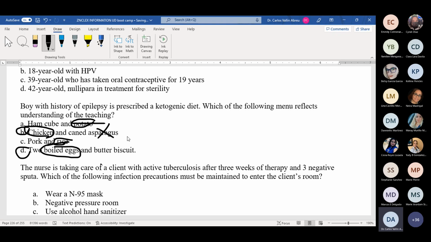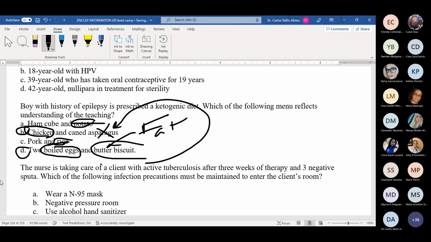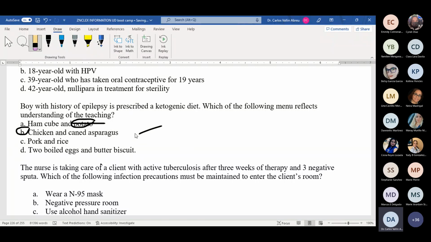So we need to decide: is the buttered biscuit that has fat more ketogenic than the asparagus? My personal decision, if I were in my NCLEX with this similar question, would be D, because for me it has more fat and is more ketogenic. It's going to make more ketone bodies. Remember, the ketone bodies derive from the fats.